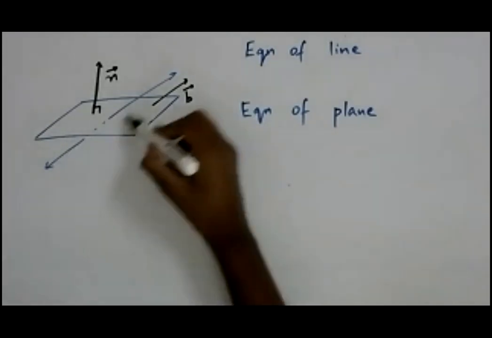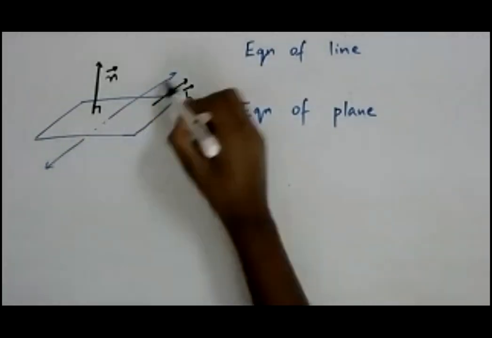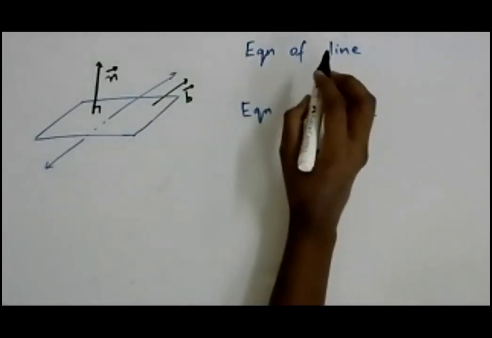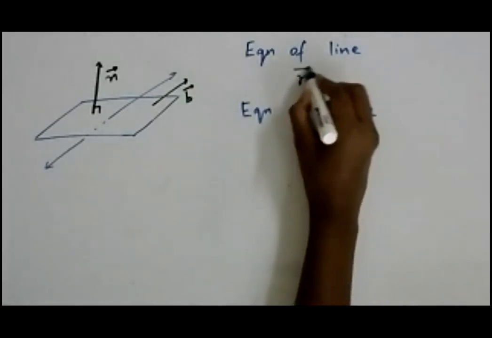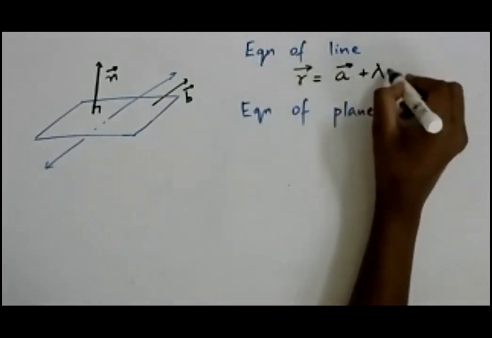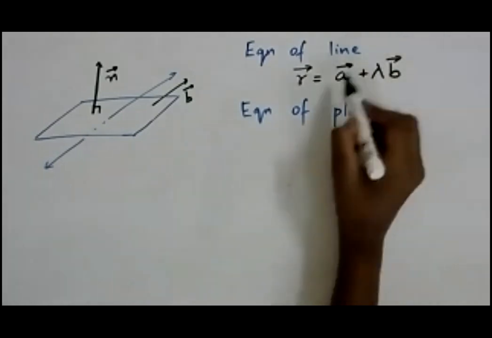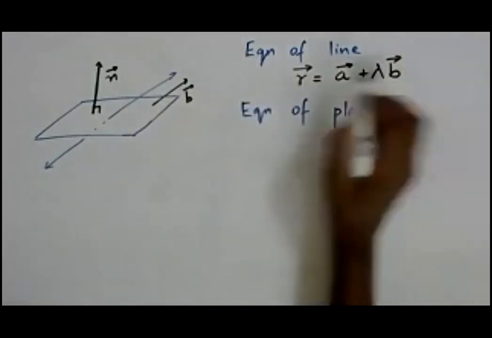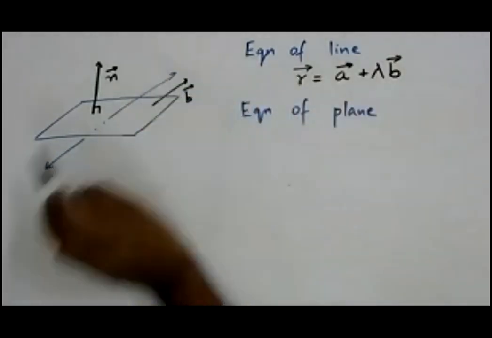So we have a line here. The equation of the line is going to be r vector = a vector + lambda times b vector, where a vector is a fixed point on the line, and b vector is a vector parallel to the line.